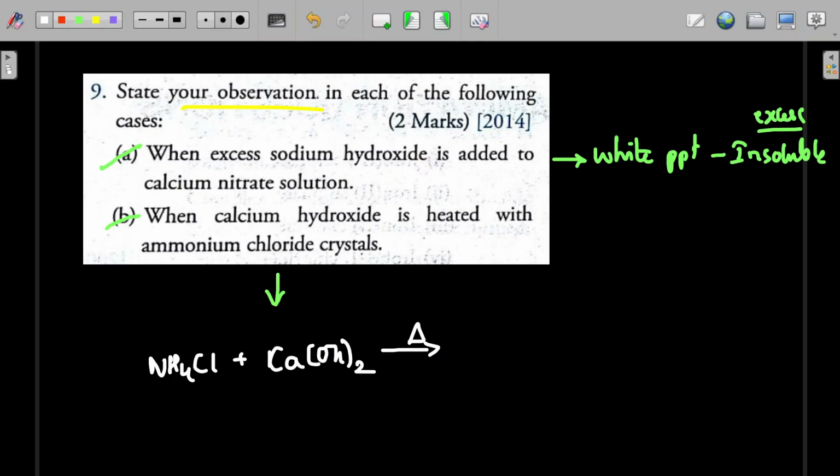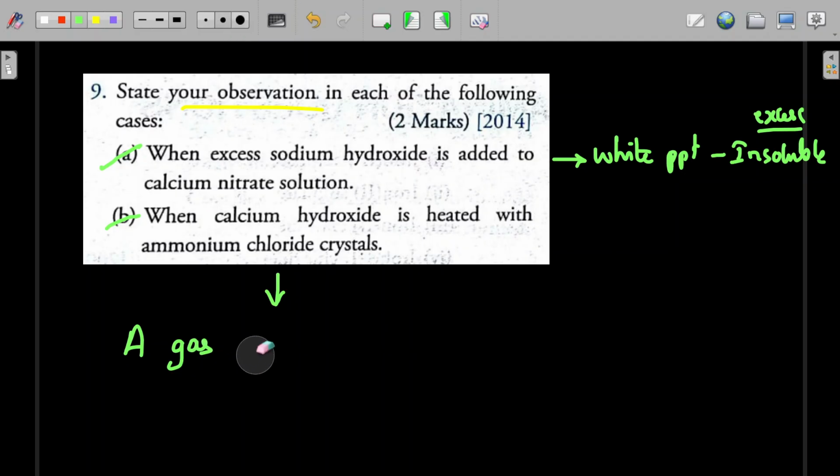But you will get ammonia gas. That observation you have to write, whatever I previously told you. So, calcium hydroxide, when heated with ammonium chloride, forms a basic gas which turns red litmus blue. Correct. Okay. And many of you write that it releases this gas, that gas.